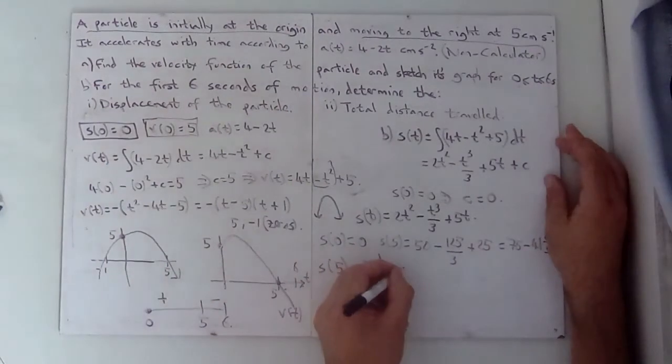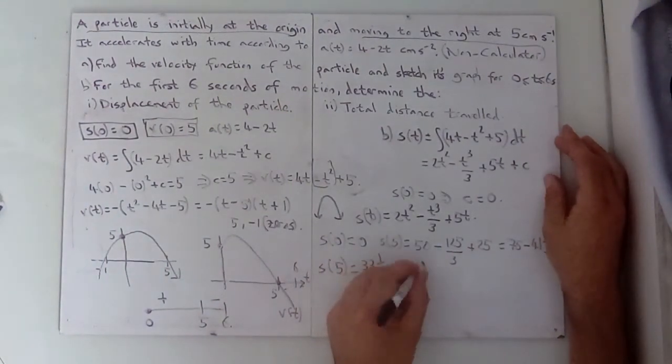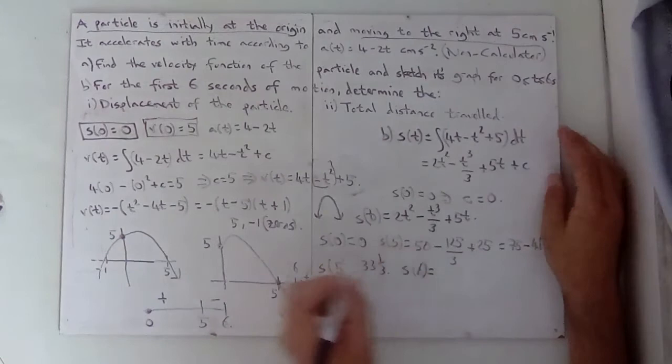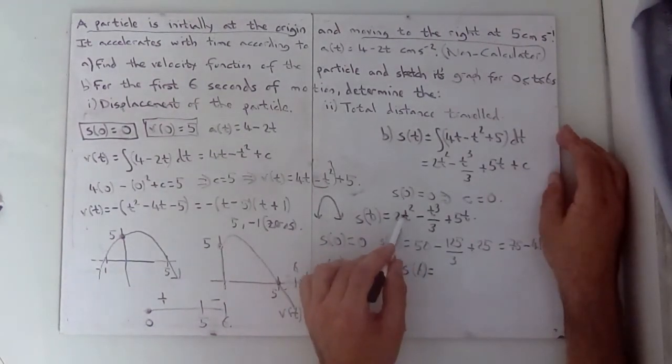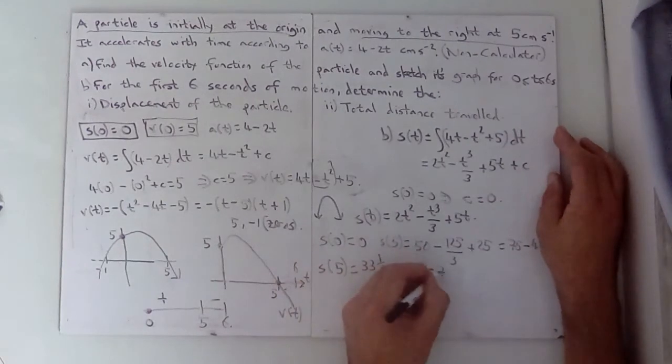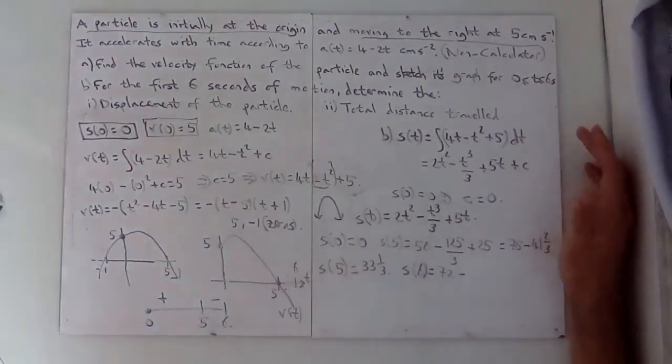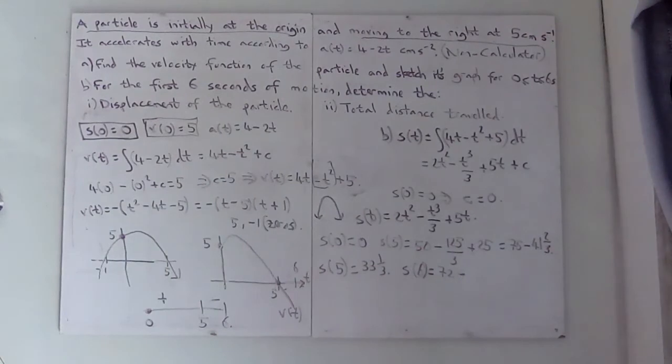We'll do something similar for S6. S6 equals 2 times 6 squared, or 6 squared is 36, 2 times 36 is 72. Minus 6 cubed over 3, or 6 sixes are 36, 36 times 6, well, seeing as I'm going to divide it by 3 anyway, I could just do 36 times 2, which is 72 again.